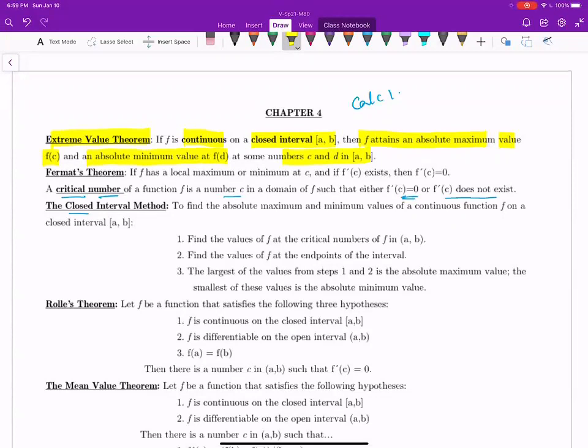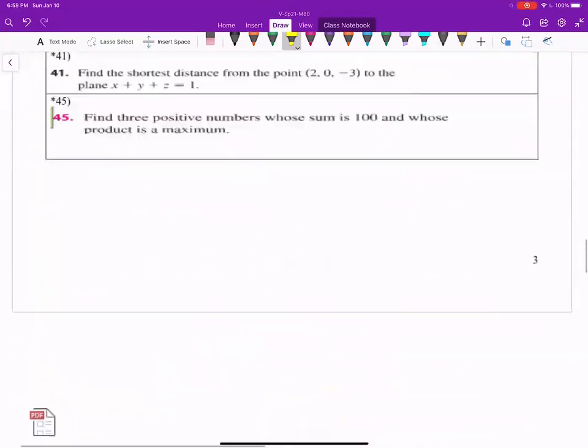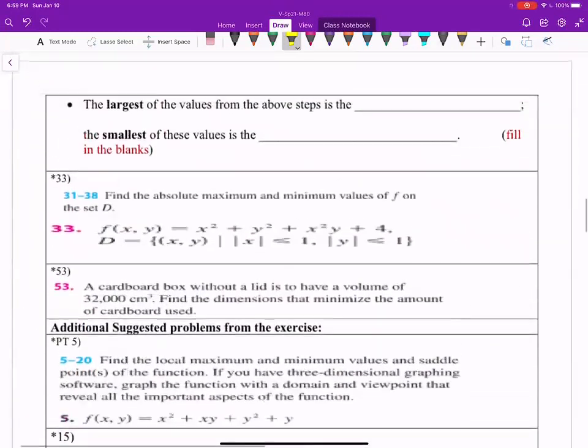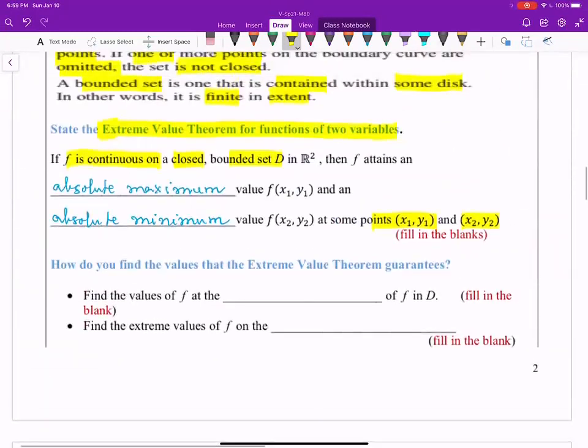The similar idea applies here, only it should be continuous on a closed and bounded set.